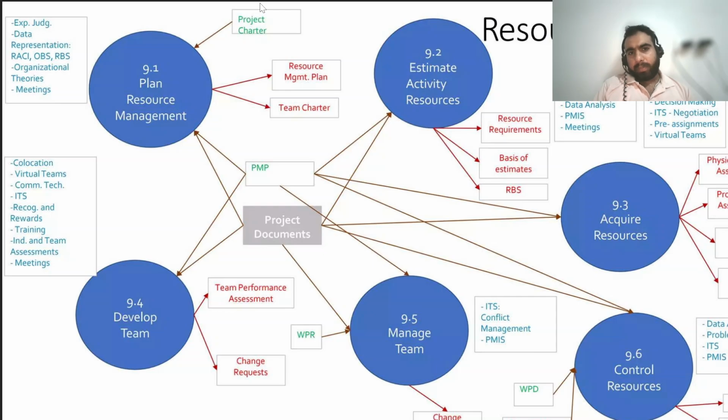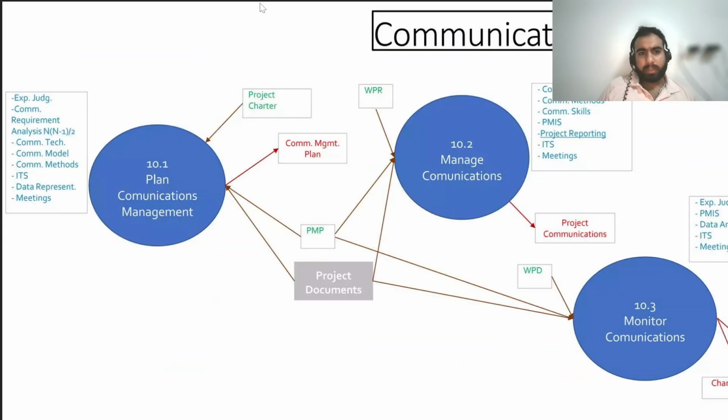For the resource management plan, we will make a team charter, estimate activity resource requirements, basis of estimate, parametric, decision making, negotiation, develop team, performance assessment, change request, manage team, control resources, communication plan, communication technology, communication model, communication method, data representation, meetings. The communication plan, the PMIS, manage communication, communication technology. These are also the same.